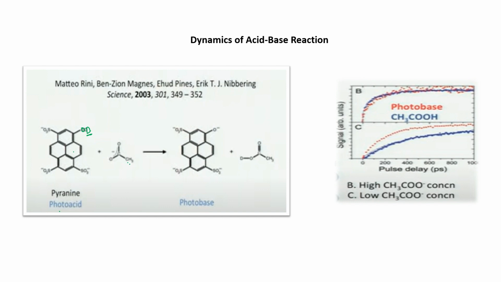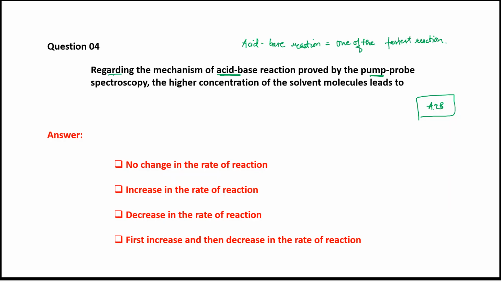This D goes on to the acetate anion, and therefore you will find the formation of OD as a function of time. And this is called the photobase, and this is called the photoacid, while this is the conjugate base, and this is the conjugate acid, and this is the conjugate base for the same.